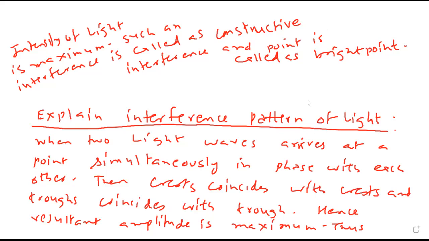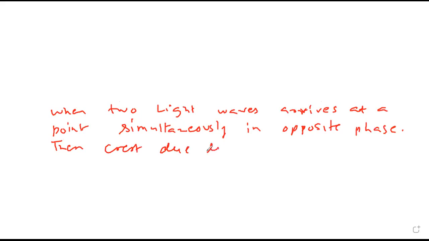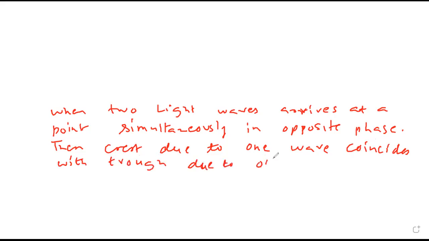Next paragraph, right? When two light waves arrive at a point simultaneously in opposite phase, then the crest due to one wave coincides with the trough due to the other wave.